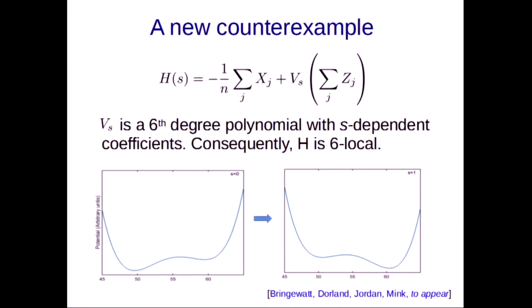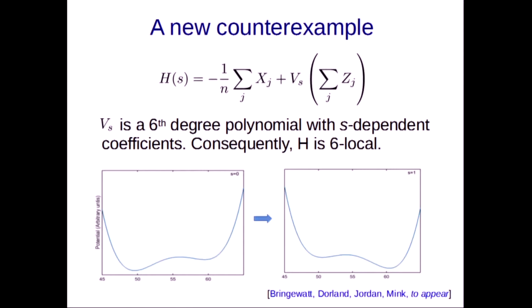So here's what our counterexample looks like. We have our usual hopping term, minus the sum of the sigma x's. And then we have some potential which depends only on Hamming weight, so we can think of it as some function of the sum of the sigma z's.